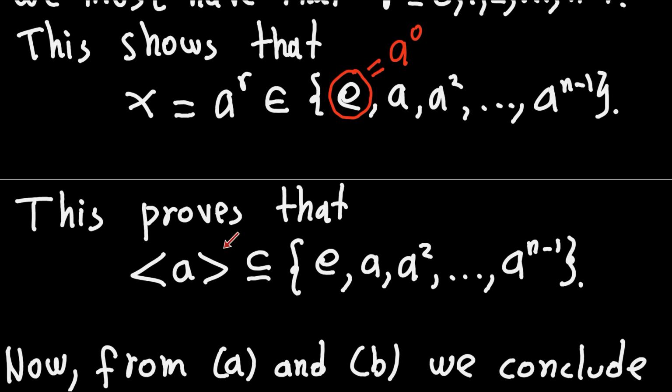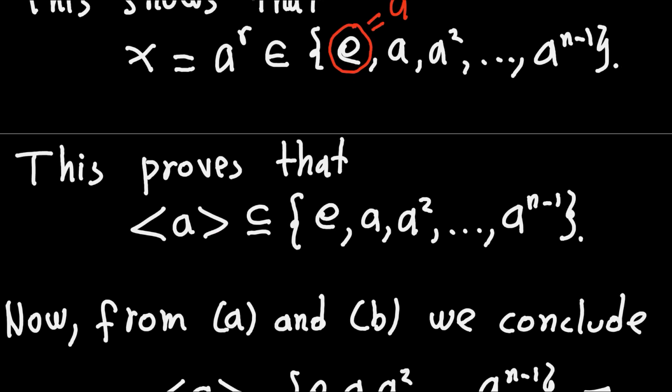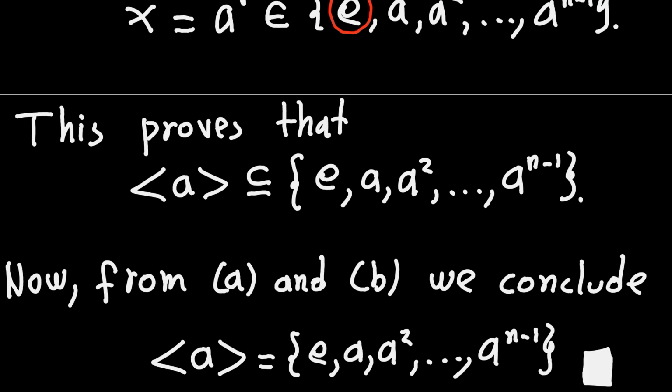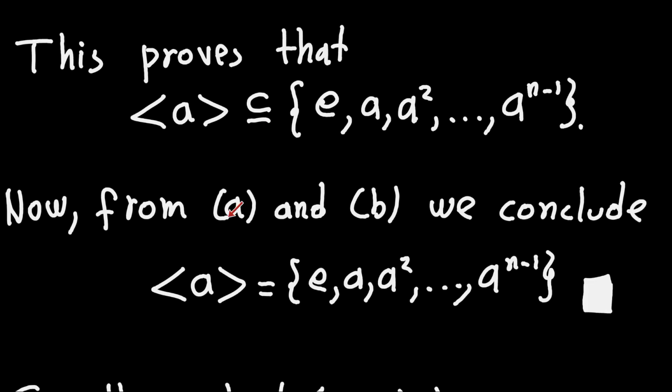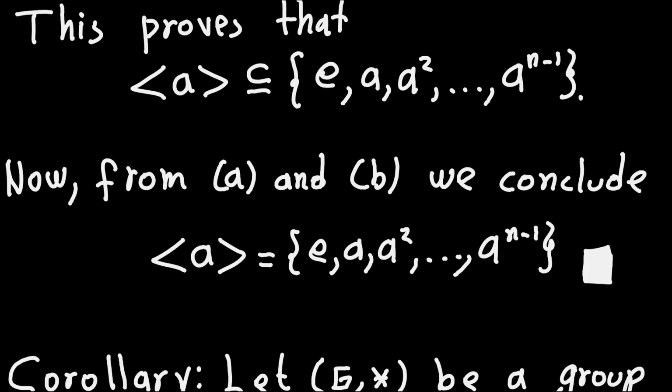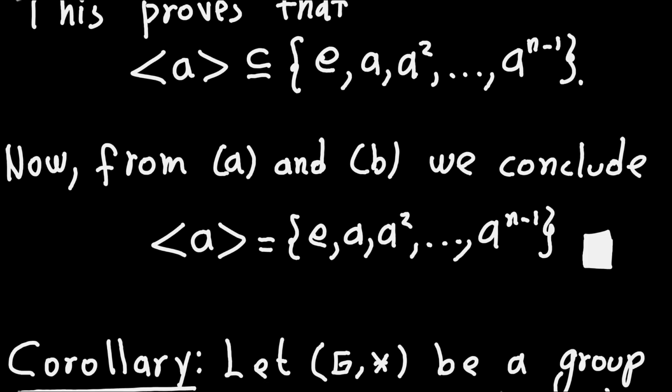Because we took an element here, an m power of a, which could be any m, and we showed that that power has to be a to the r, where this r is either 0, 1, 2, up to n minus 1. So that concludes this inclusion. So we have both ways. We have two inclusions. So from parts A and B that we mentioned already, we have that these two sets are the same, and that proves the proposition.